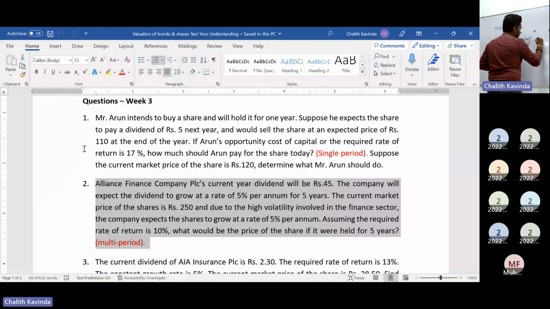Year 3, 45, 1 plus 5% to the power 3, 1 plus 10% to the power 3. Year 4 also 45, 1 plus 5% to the power 4, 1 plus 10%.